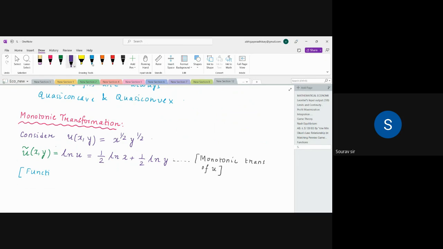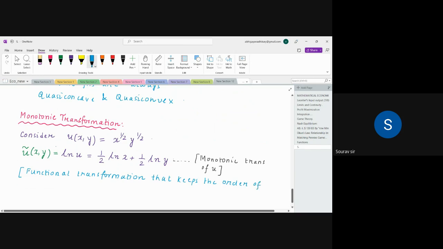So the monotonic transformation, we were writing the definition. It's a functional transformation that keeps the order of the bundles unchanged.